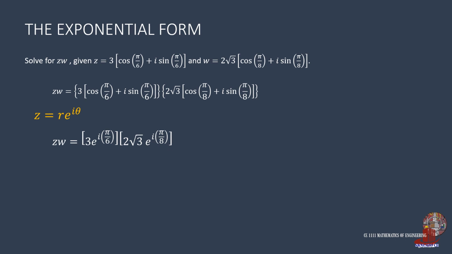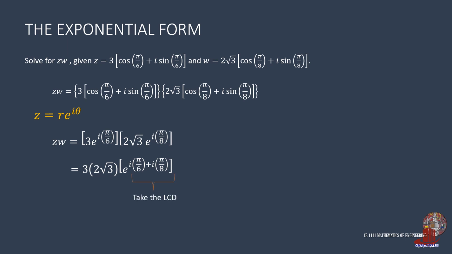The moduli are two different figures, which can be multiplied to 3 times 2 root of 3. The next term is base e with two different exponents, and with the product rule, the exponents of the same base can just be added, making e raised to i times pi over 6 plus i times pi over 8.